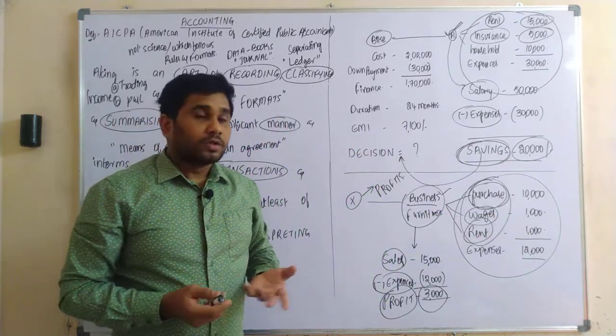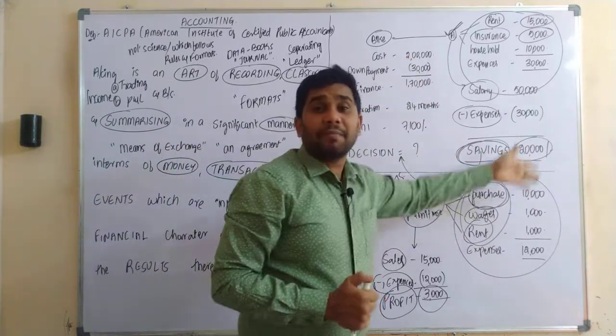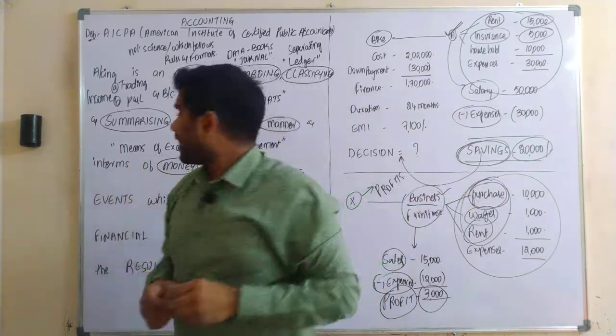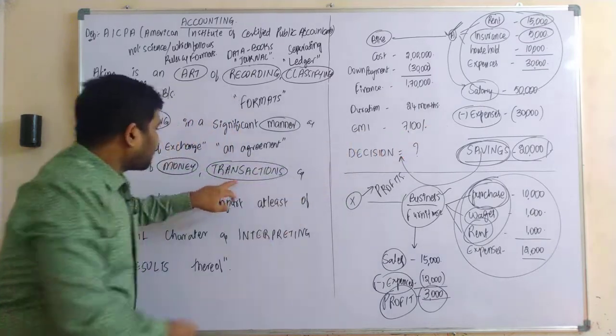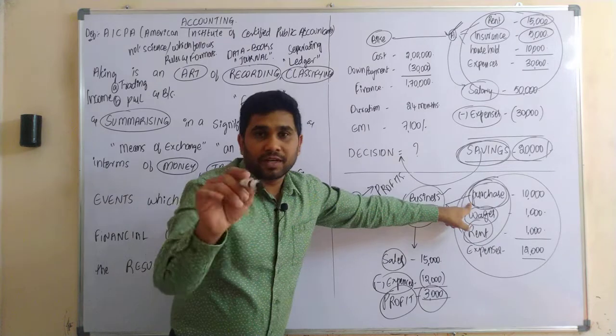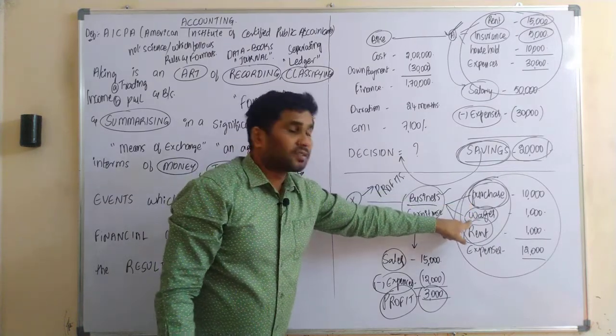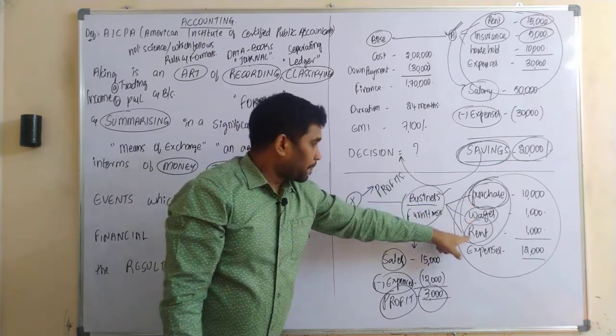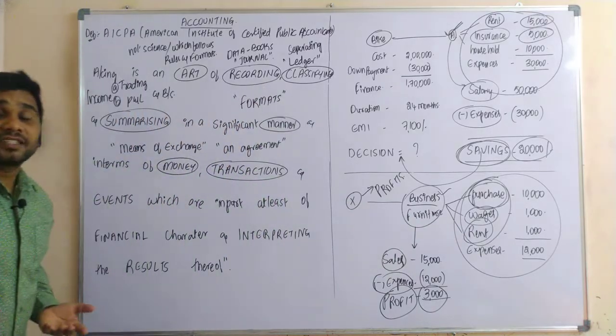Yes or no? As these are nothing but agreements, can I say that agreements are nothing but transactions? So purchases is a transaction to the business. Wages is a transaction to the business. Rent is a transaction to the business.